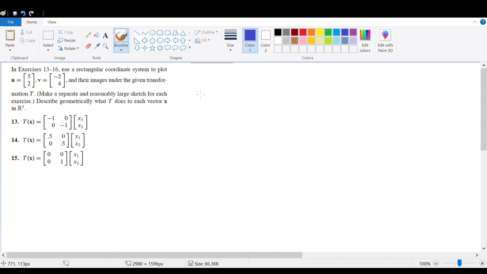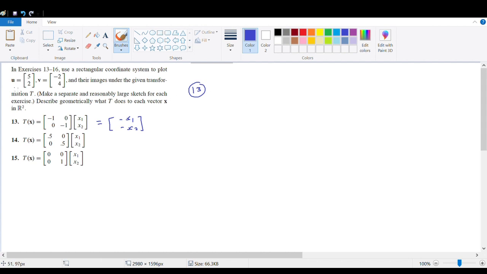So for 13, first we will find what T of u and T of v are. From here, it is clear that if we have, for example, x1 and x2, then minus 1 multiplied by x1 plus 0 multiplied by x2 gives us minus x1. Then 0 multiplied by x1 plus minus 1 times x2 gives minus x2. So if we have a vector x1, x2, after the transformation the result will be minus x1, minus x2.